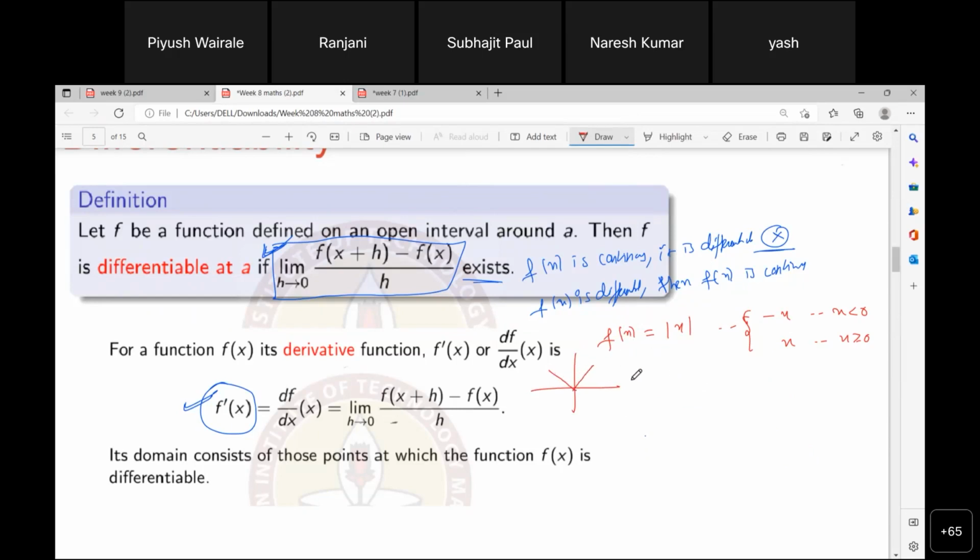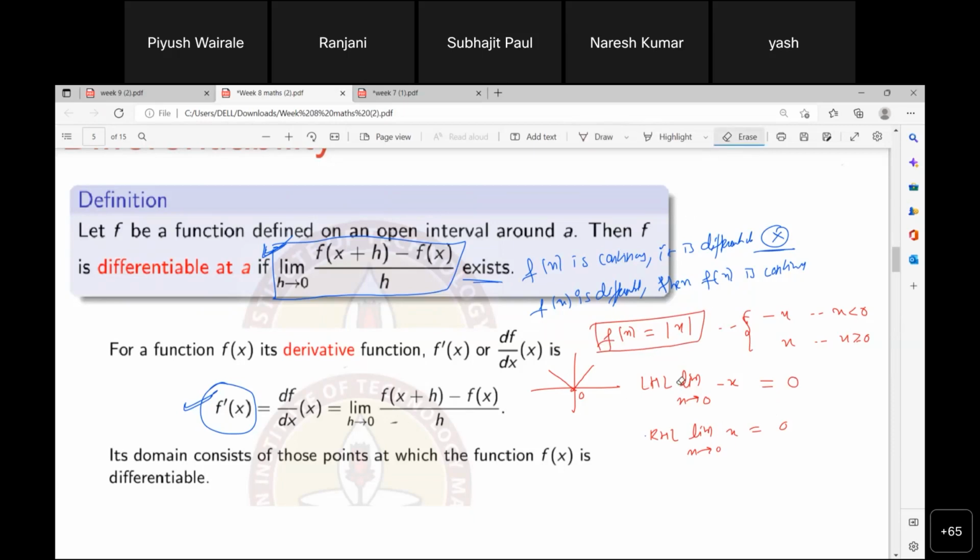To check, we have to check the left hand limit and right hand limit at x equals 0. The left hand limit, x tends to 0, is minus x this side, so it will be 0 only. The right hand limit will be 0 also, x tends to 0, x is 0 only. So I can say f of x equals mod x is continuous.